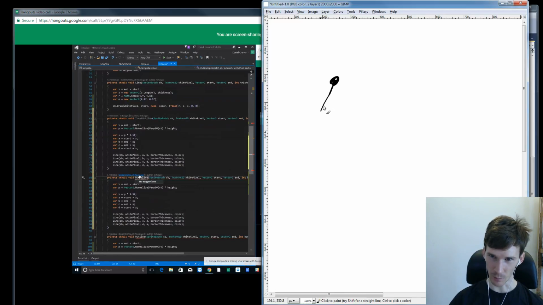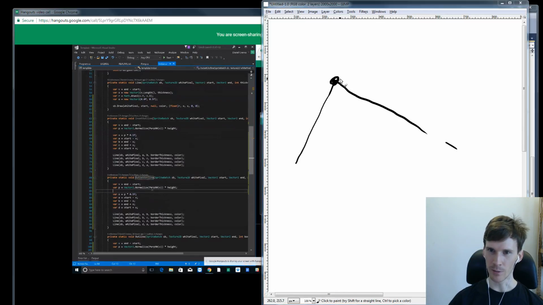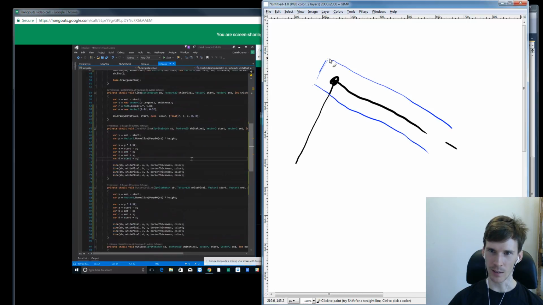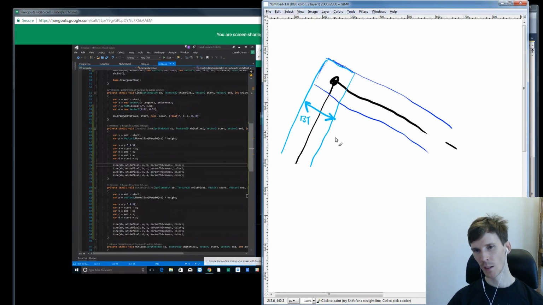We've got our starting point there, and this line that we're drawing that way, and this other one that we're drawing that way. And we know that the thickness is that distance there. That's the border thickness.